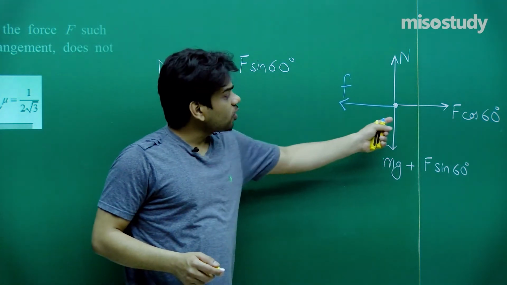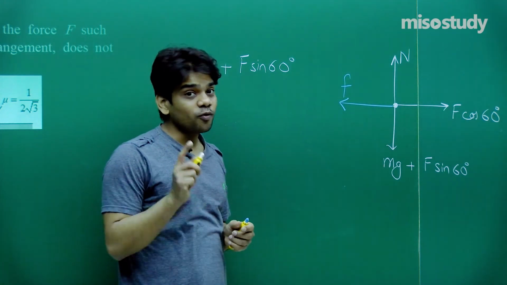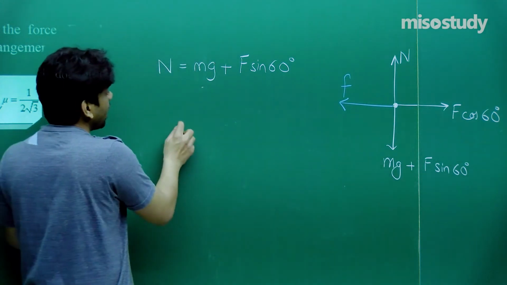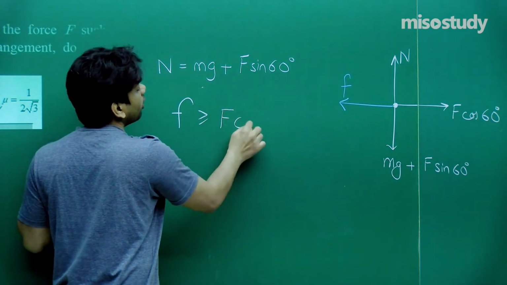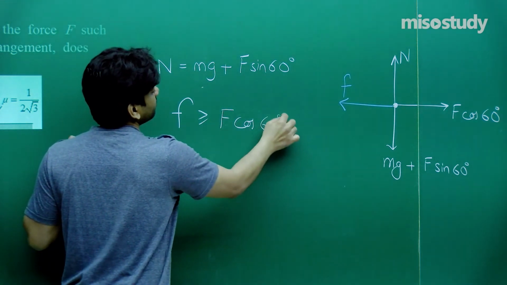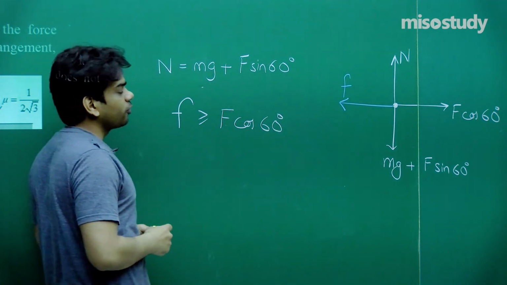Now equating forces along the horizontal direction, it's a case of limiting friction. Since the body is not moving, the friction force should be greater than or equal to F cos 60 degree.